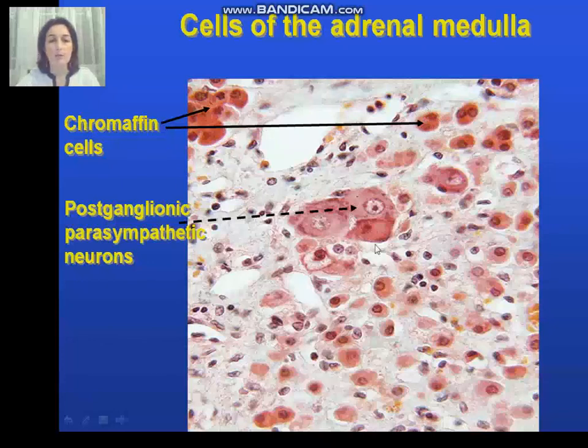And here is a postganglionic parasympathetic neuron, a ganglion which belongs to the parasympathetic nervous system. These cells, as I told you, serve as ganglion cells, and they are innervated by preganglionic sympathetic fibers. Under the influence of nerve impulses, they release their hormones into the blood circulation.